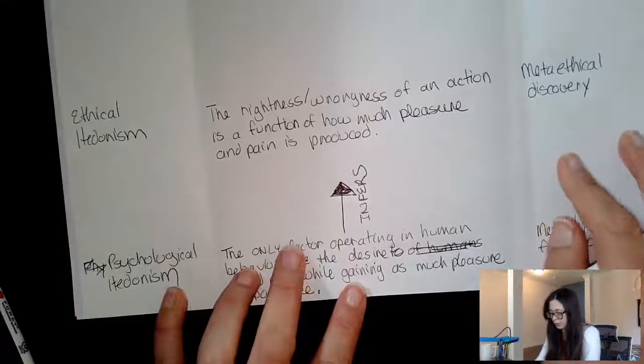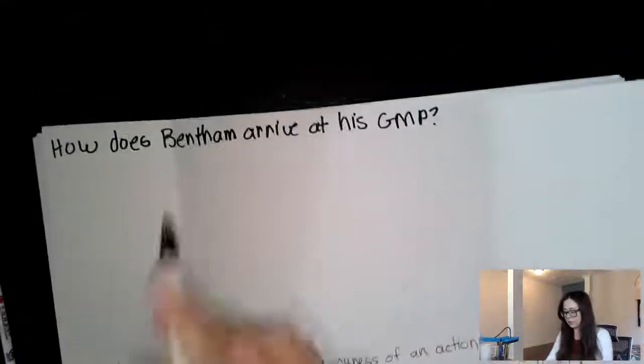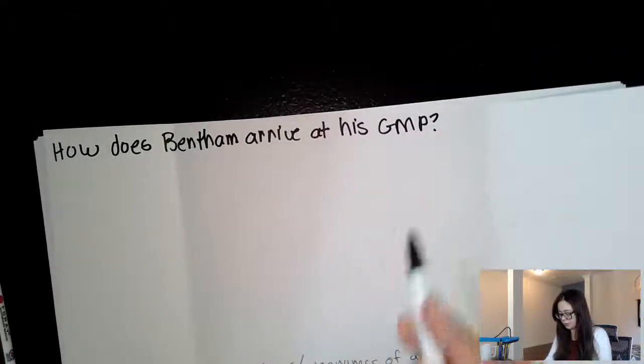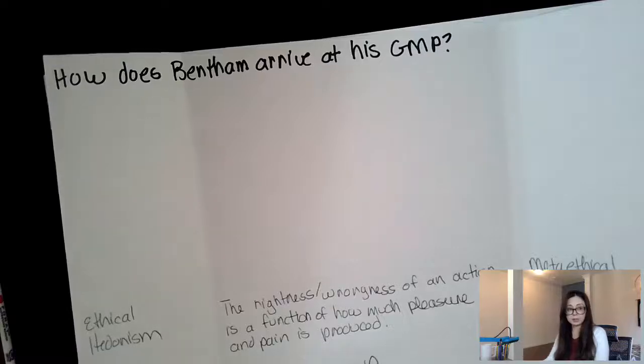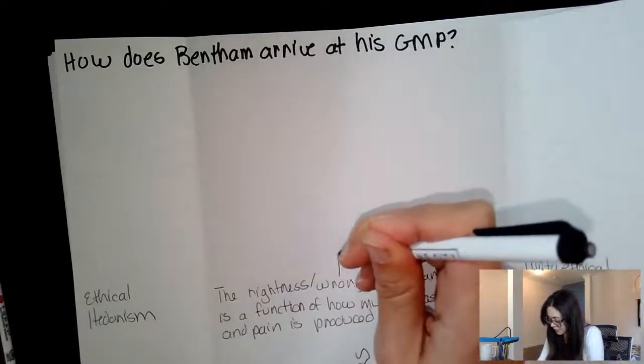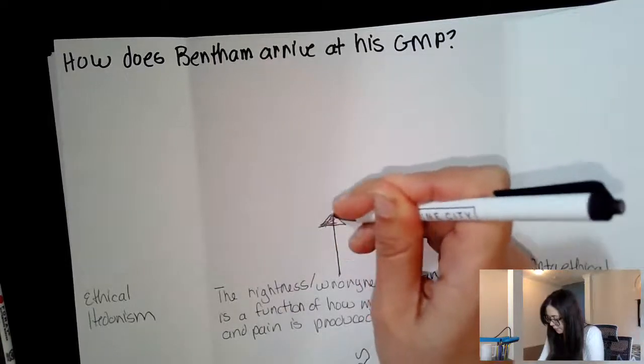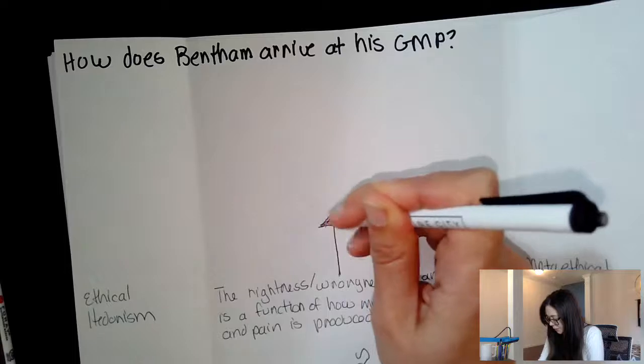Okay, so the title of this document, of course, is How Does Bentham Arrive at His General Moral Principle? I have not yet stated to you the general moral principle, therefore we're not done. So then it's on the basis of this that, what do you think I mean by the upward arrow? Given what I did with the upward arrow earlier in this lecture, I mean he makes another inference.